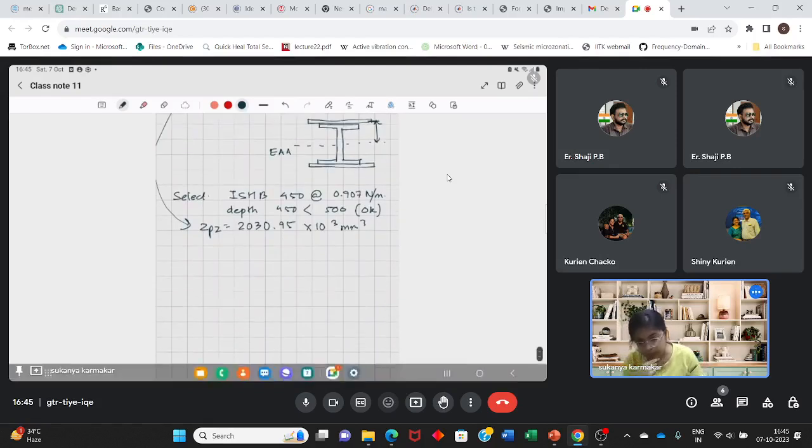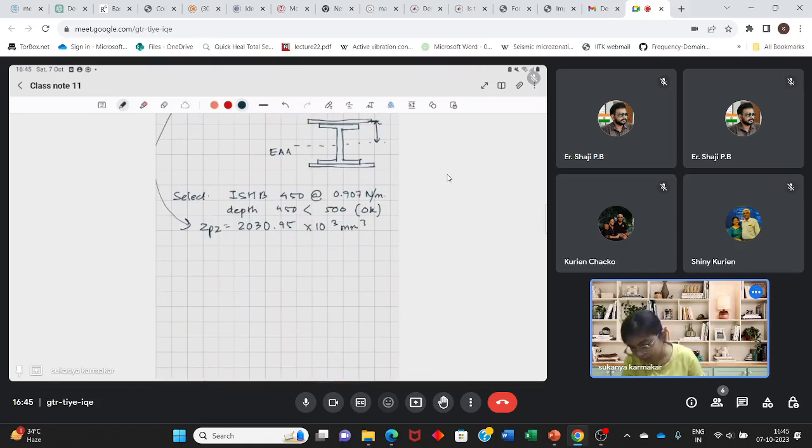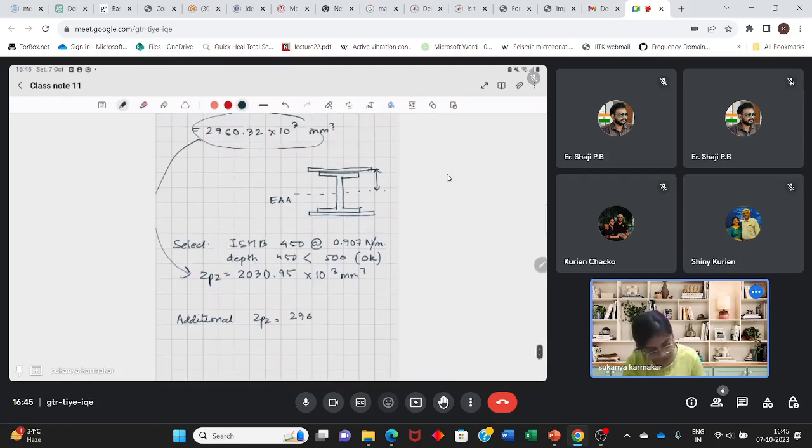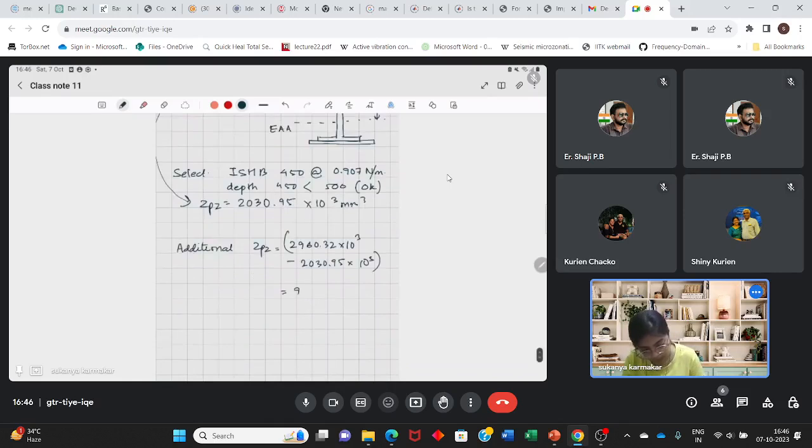So this plate should provide the additional Zpz, which we require, which will be 2960.32 into 10 to the power 3 minus 2030.95 into 10 to the power 3. So this is 929 into 10 to the power 3. This much has to be provided.